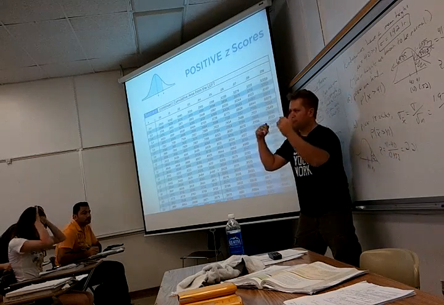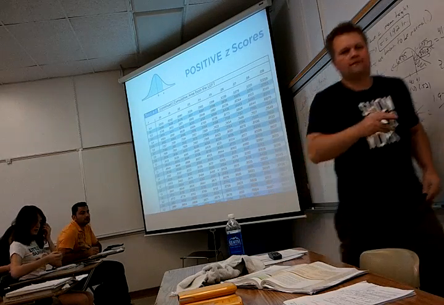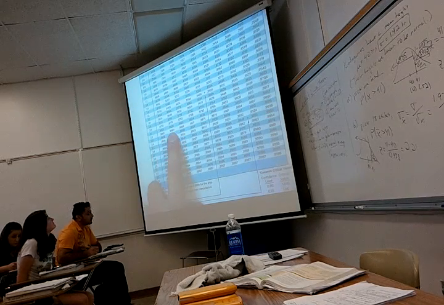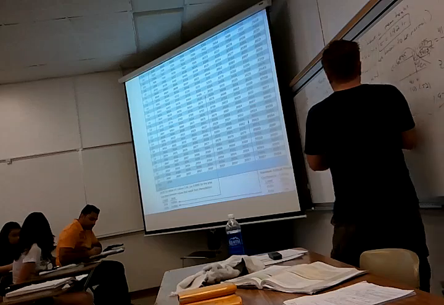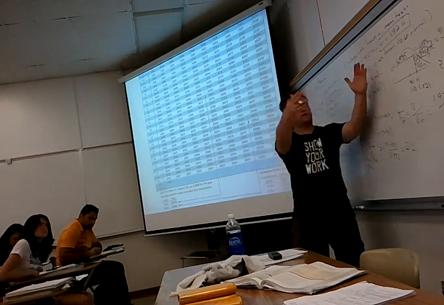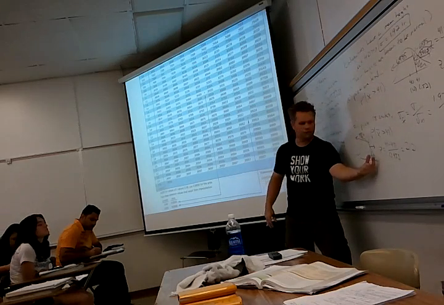So to finish this problem off, when you look up 2.21, you get 0.9864. So then the probability that they're up here should go down because everything should go towards the mean. There should be less out here in the tails, right?